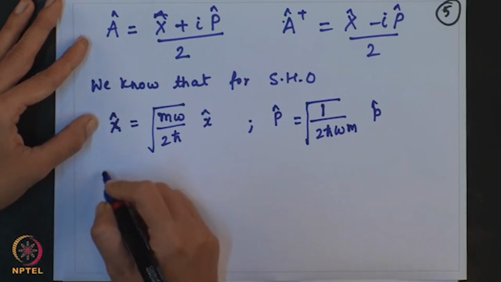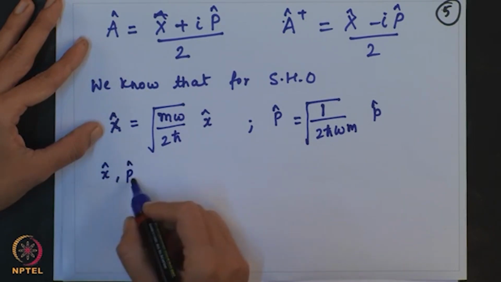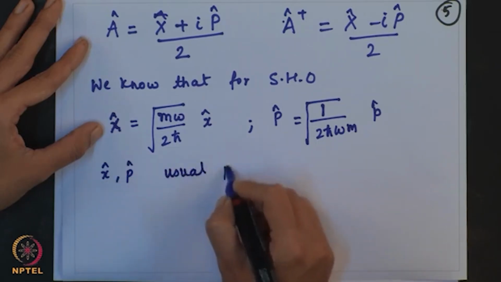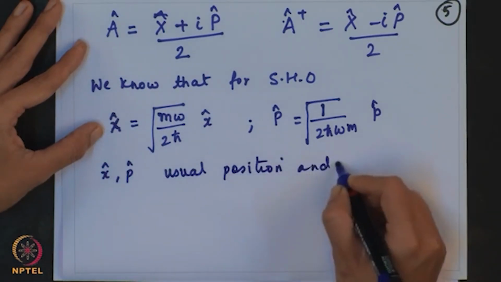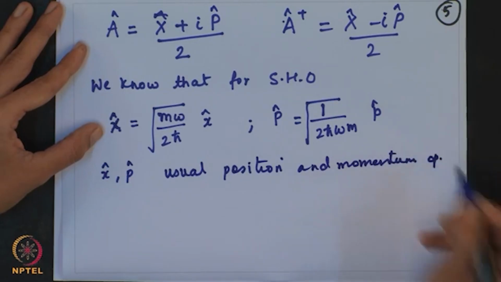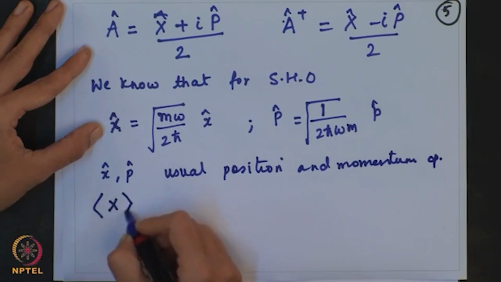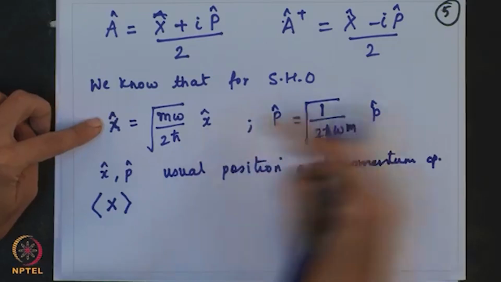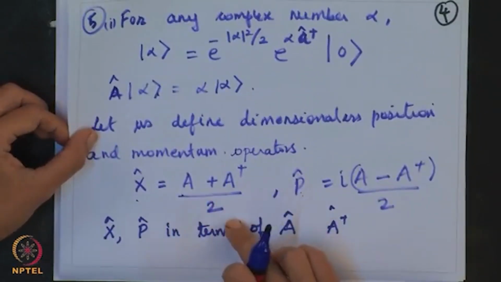So, remember P and X are our regular or usual position and momentum operators, right. So, it is now easy to evaluate what is x. This is what we are going to evaluate. X we had defined as a plus a dagger by 2.